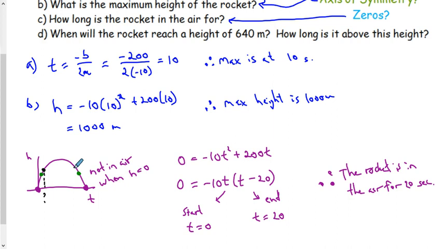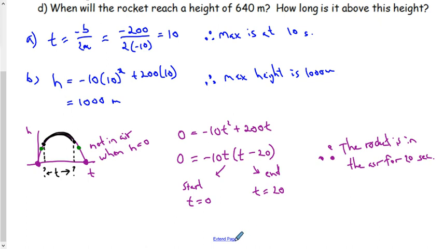And it's going to come back down and reach 640 meters again right there. What is that time? I'm not sure. And what's the difference between them that will tell me how long it's above that? So this arc here, how long is it above 640 meters? Well, I'm going to have to figure that out. Here we go. Let's do it.